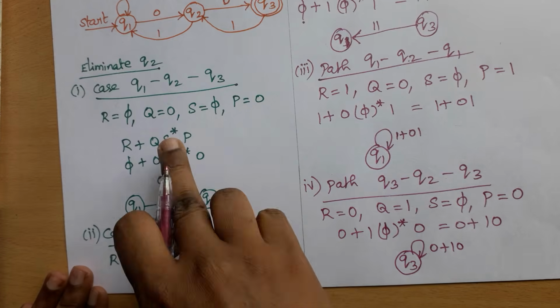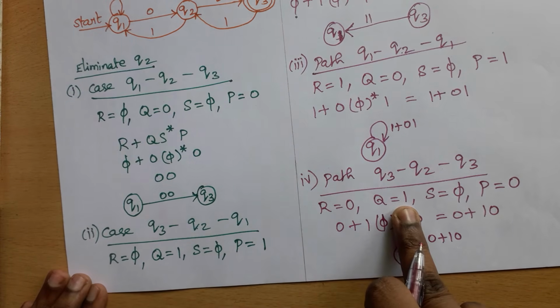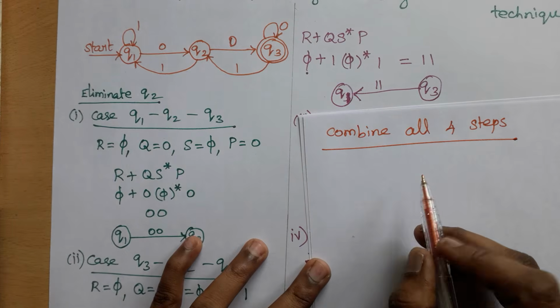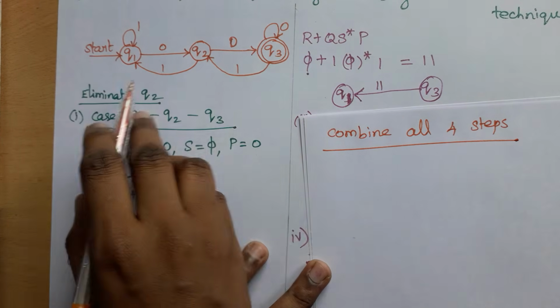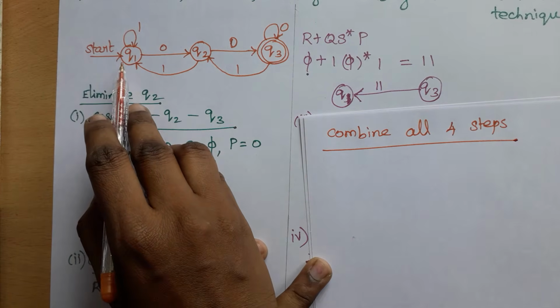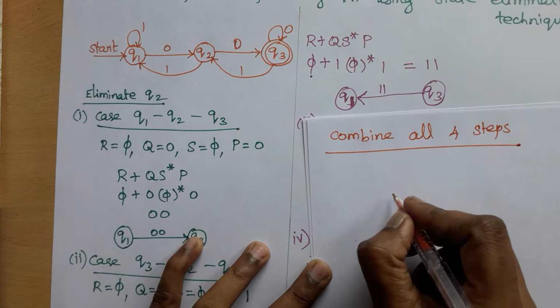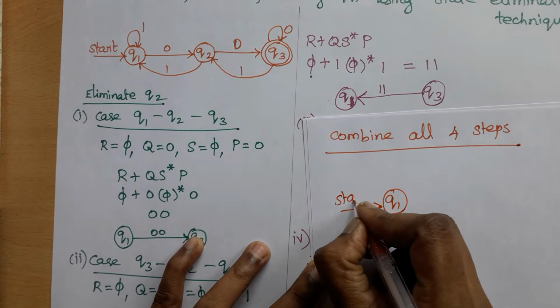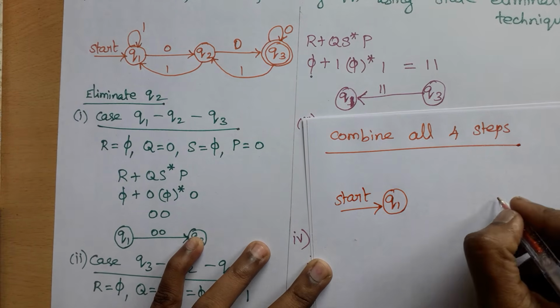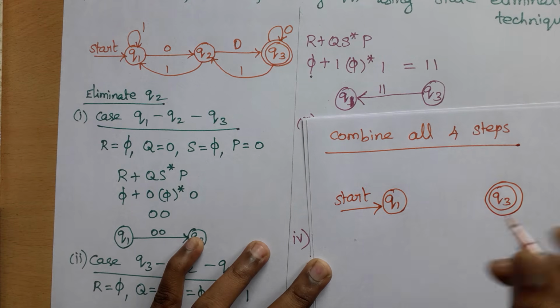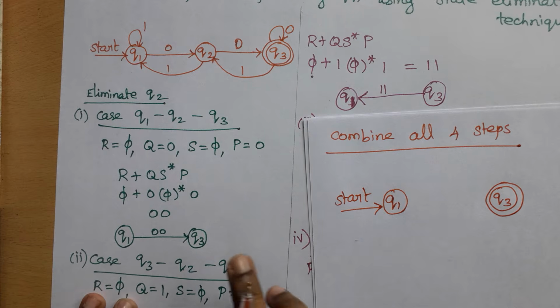Now we need to combine all these 4 cases. So we will get the transition diagram with the 2 states. After eliminating Q2, we will be left with a 2 state finite automaton. Q1 is the start state and Q3 is the final state. Now we have to draw all the edges by combining all the 4 cases.